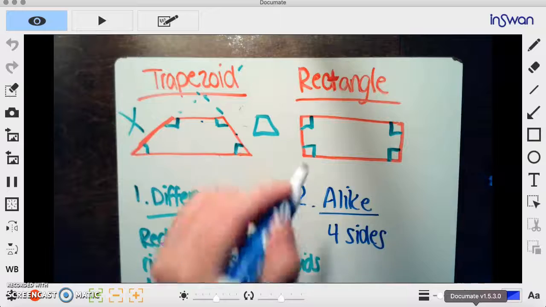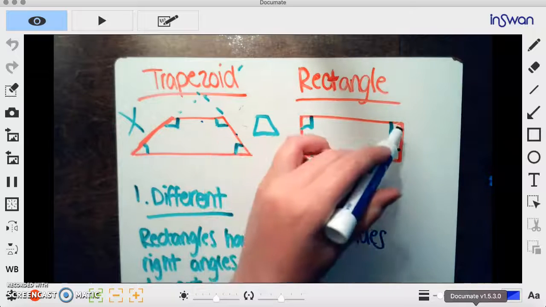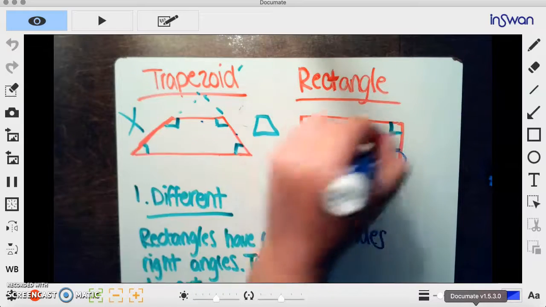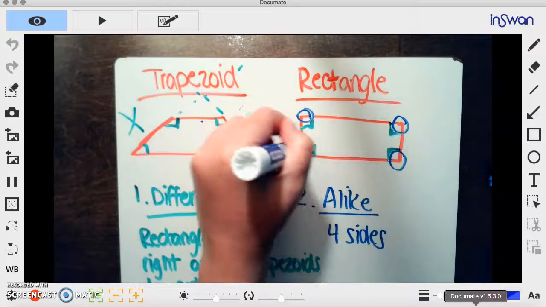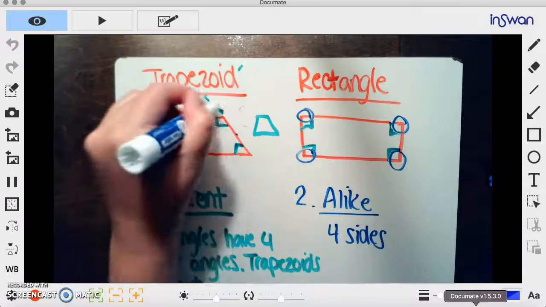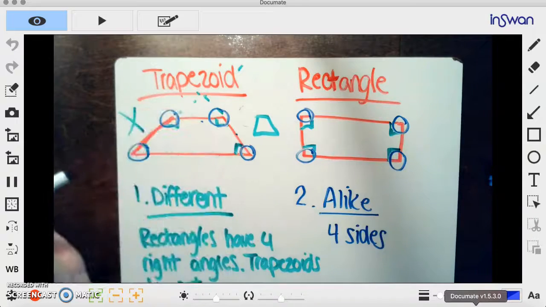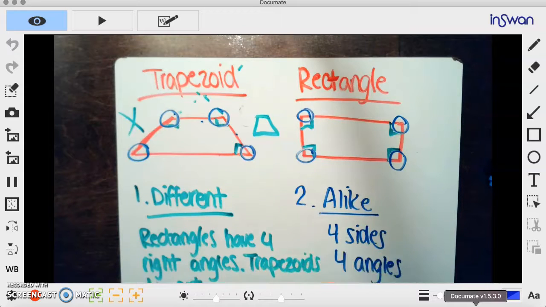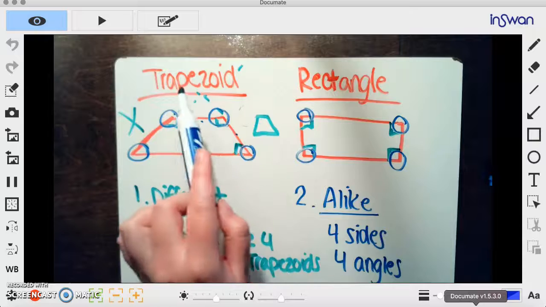They also both have 4 vertexes or angles where 2 lines meet. So right there, here, here, and here, here, here, here, and here. So 4 sides and 4 angles.